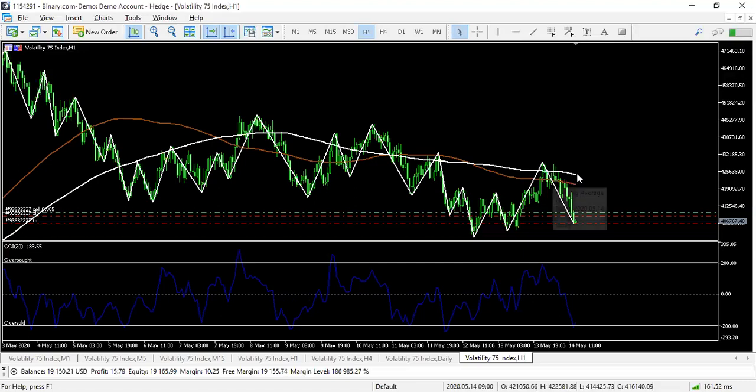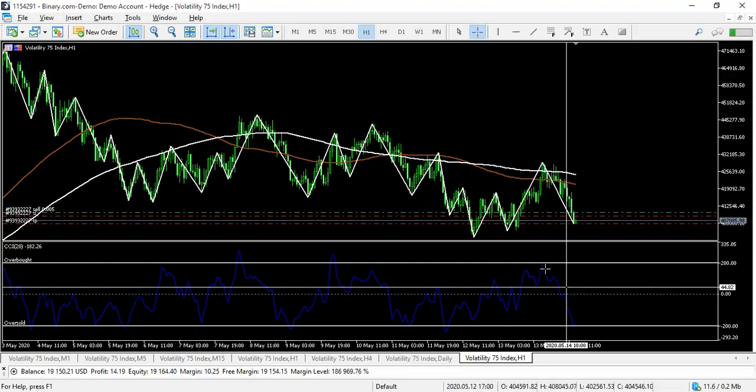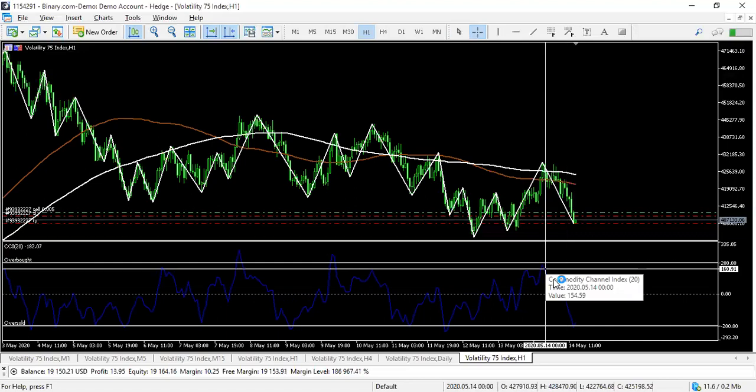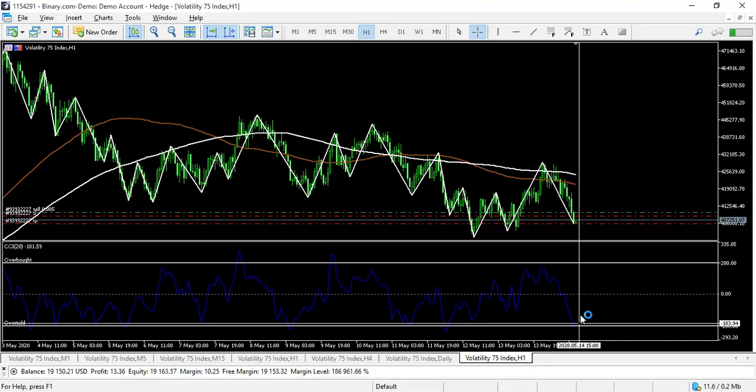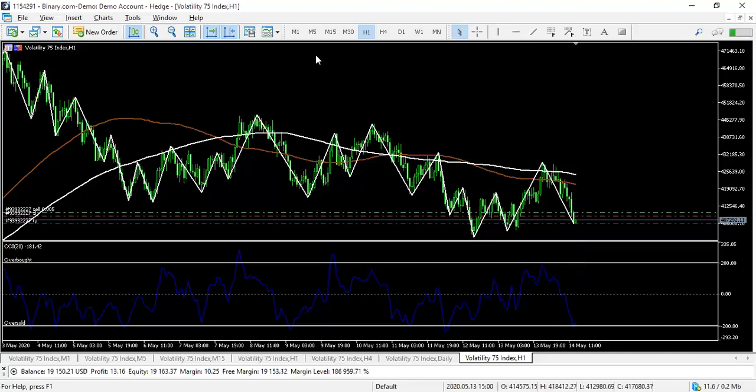If the candles are below, then overall you are looking for sell trades. When the candles are above, you are looking for buy trades. Then you also check on the 1 hour your CCI. Is it pointing downwards or is it pointing upward? That's the first thing you want to check on the 1 hour.